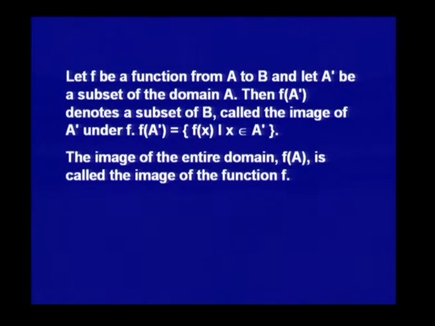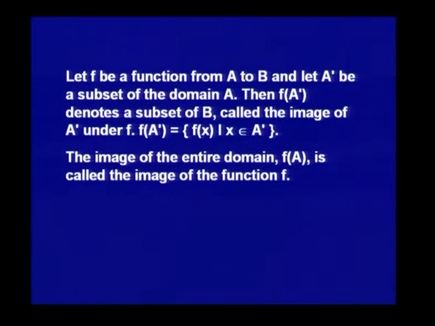Now, let f be a function from A to B and let A dash be a subset of the domain A. Then f of A dash denotes a subset of B called the image of A dash under f, that is f of A dash is equal to f of x, x belongs to A dash. The image of the entire domain f of A is called the image of the function f.